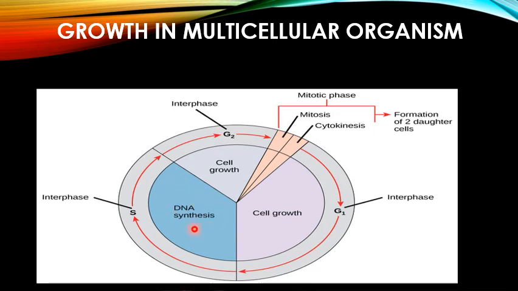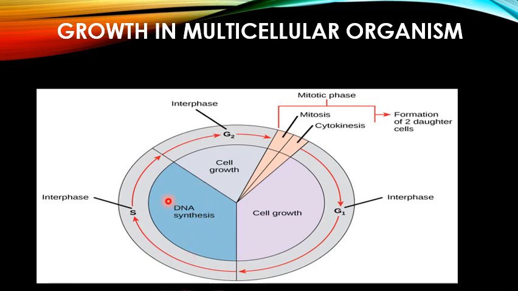In the DNA synthesis phase, the DNA duplication takes place, and the cell enters the next phase, the G2 phase. One more thing: in the S phase, the sister chromatids get firmly attached at the centromere region of the chromosome.